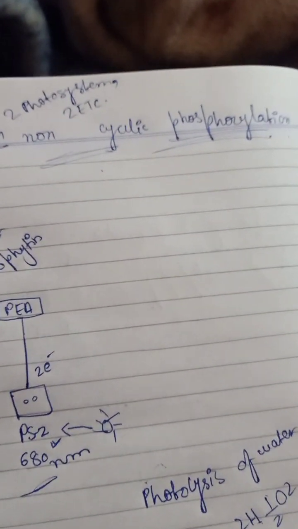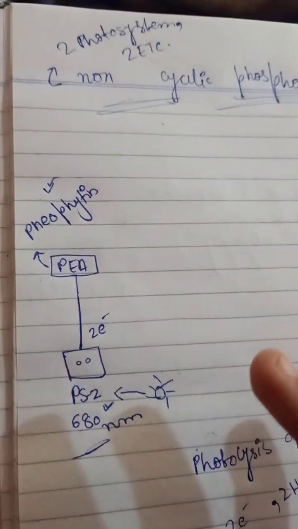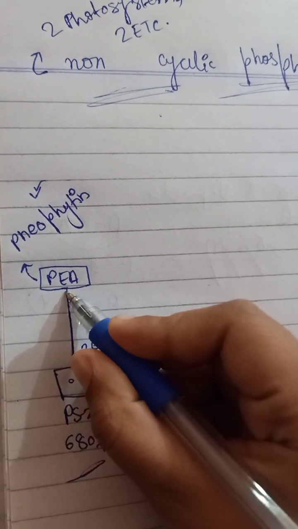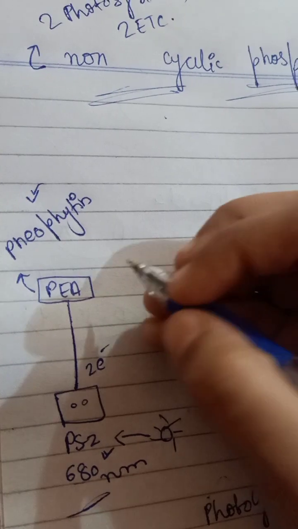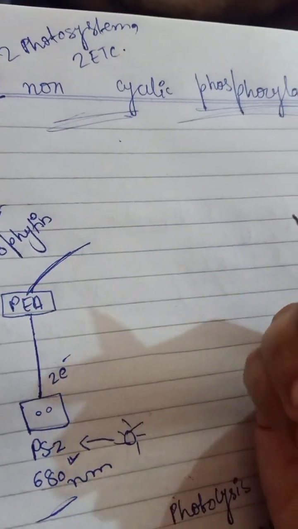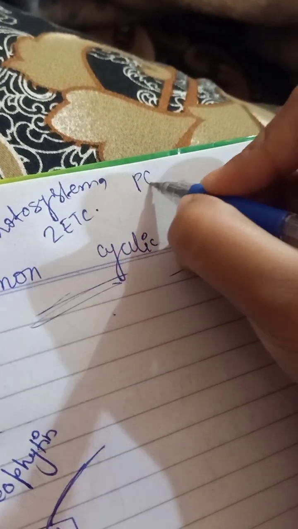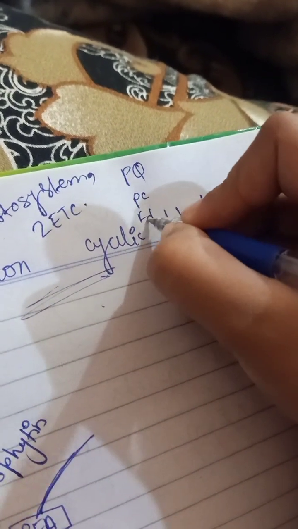Now, before step 3, let me discuss that there are three mobile electron carriers. Number one is PQ, number two is PC, and number three is Fd.